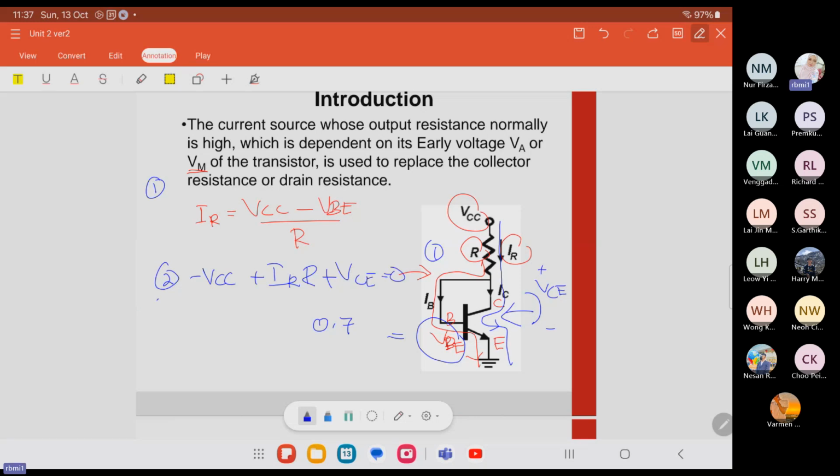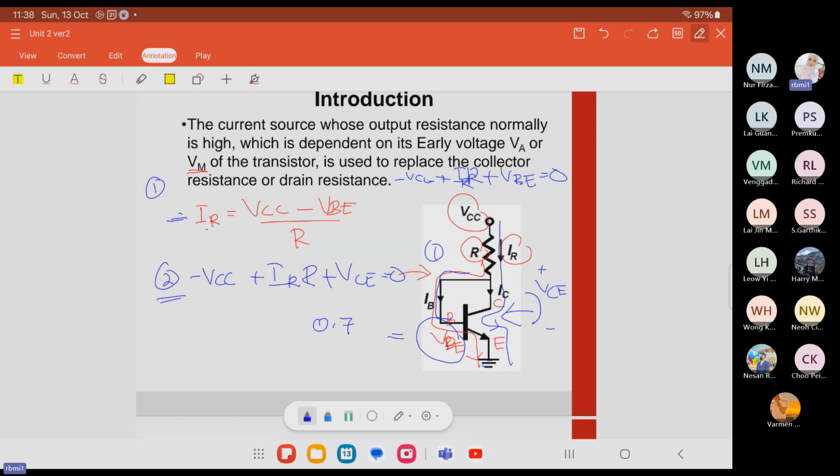For equation number 2, it is actually the same idea. For equation number 1, minus VCC plus IR R, and then going by this plus VBE equals 0, because the emitter is connected to the ground, so it is equal to 0. You can say this is actually a closed loop.